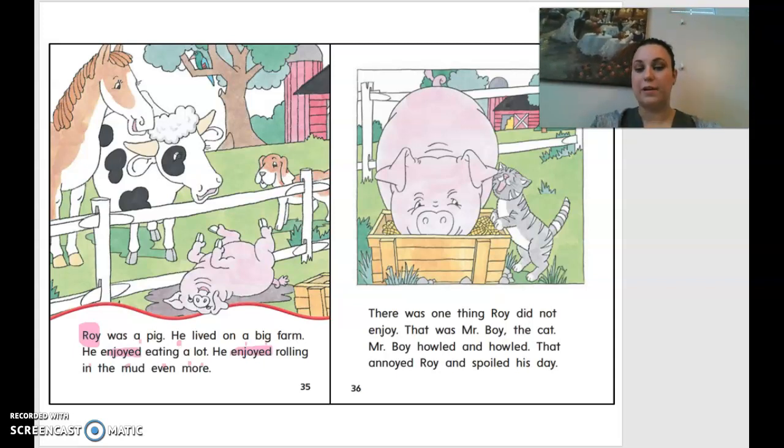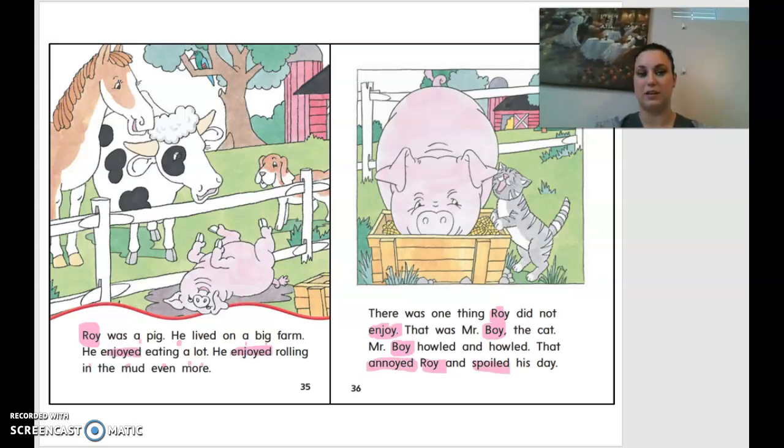There was one thing Roy did not enjoy. That was Mr. Boy, the cat. Mr. Boy howled and howled. There's our ow sound. That annoyed Roy and spoiled his day. So that means that he ruined his day. Spoiled means not good or old.